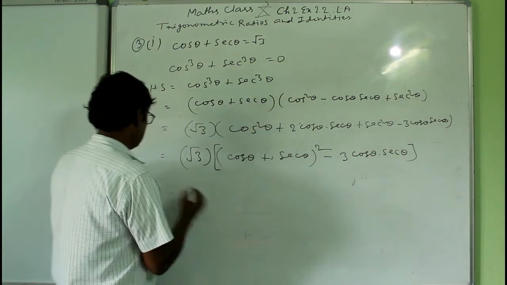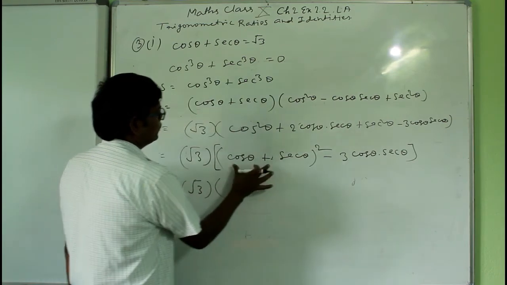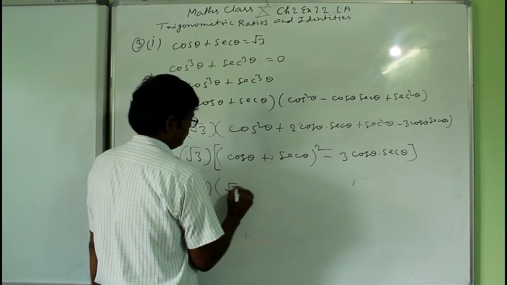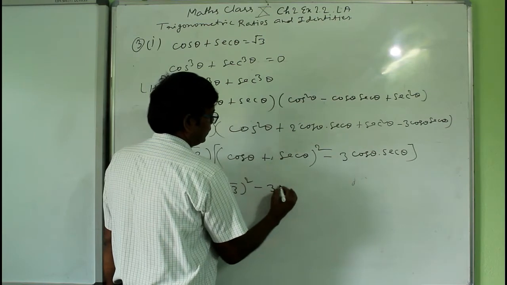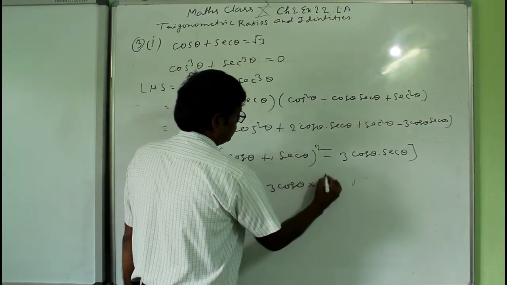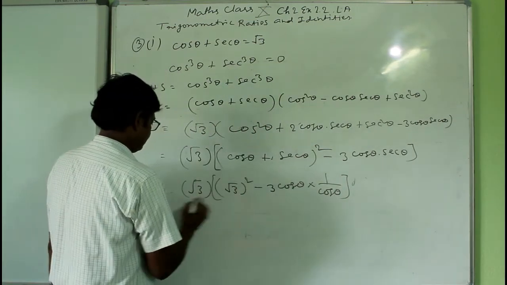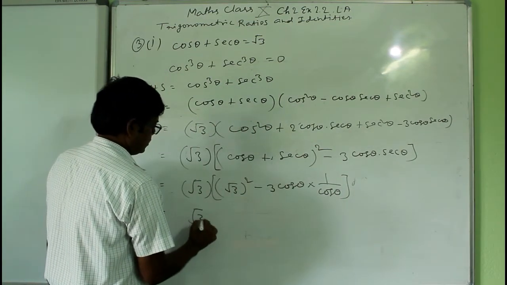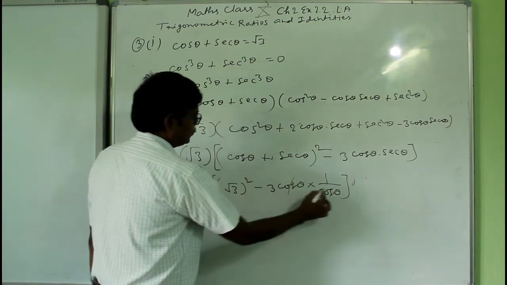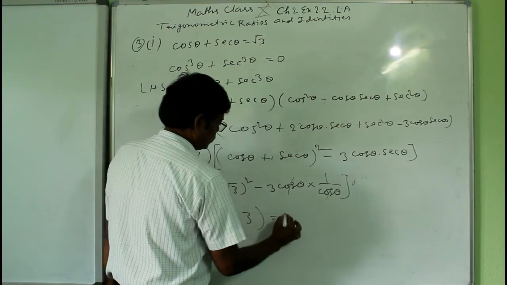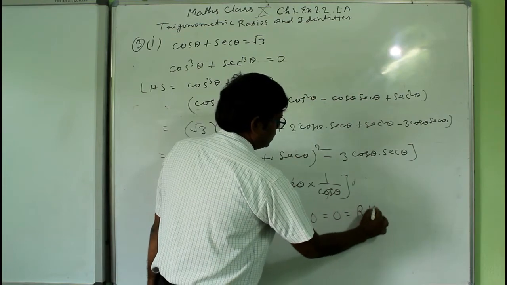Then you have root 3, whose value is root 3 whole square, minus 3 cos theta into 1 by cos theta. Then this will be 3 minus 3. So root 3 into 0 equal to 0, which equals RHS.